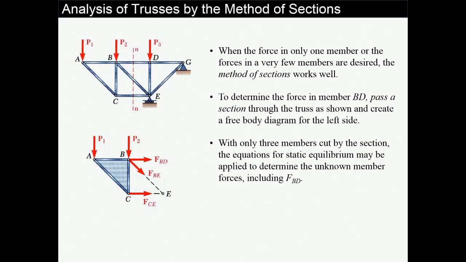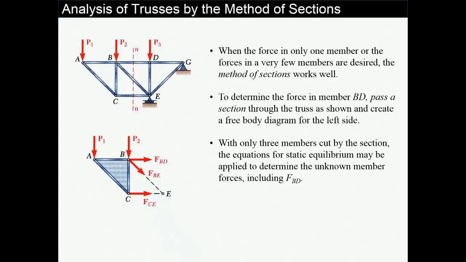And then it's about taking moments or doing any of your equilibrium equations to work out what the unknowns are. Normally in a question you would know what P1 is and P2. If we look vertically, we've got P1 coming down, P2, plus FBE sine that angle. Those are horizontal, so you just ignore them.